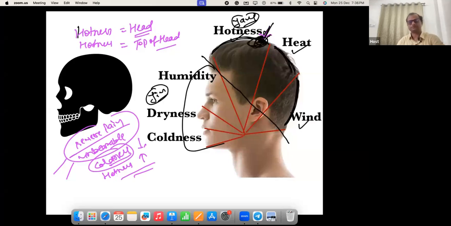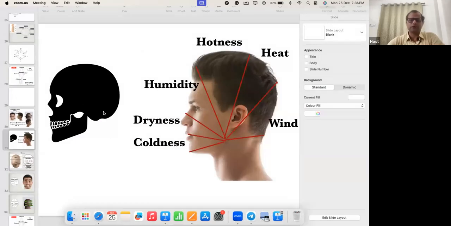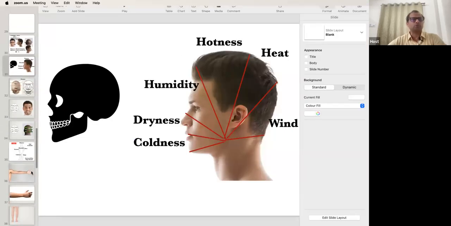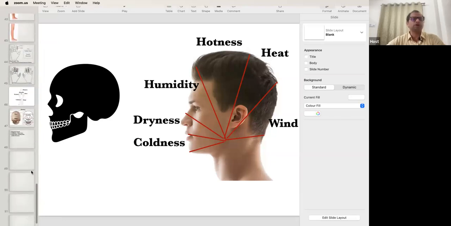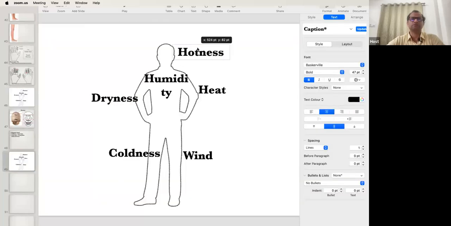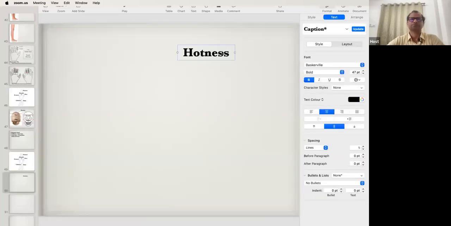In this part. Okay, तो क्या करना चाहिए? Let's see. The pain here. So the step number 1, we are choosing the hotness as per this classification. So we are choosing the hotness, right? Hotness means head region.